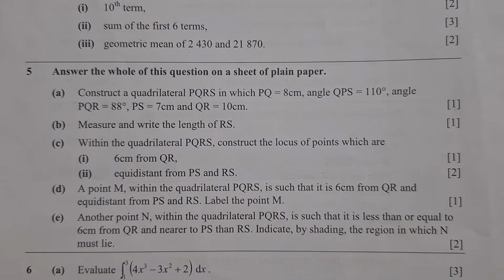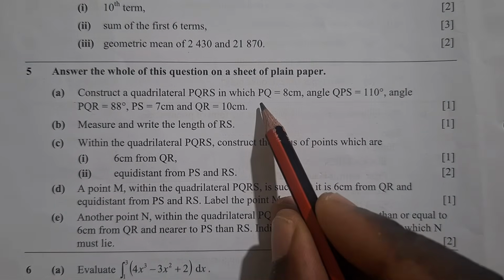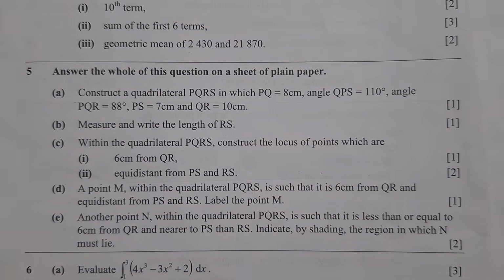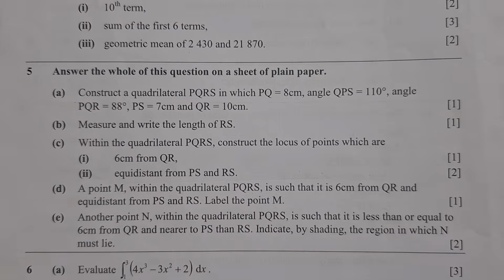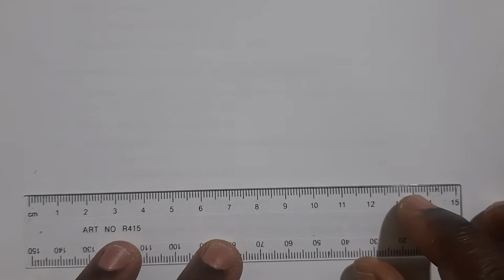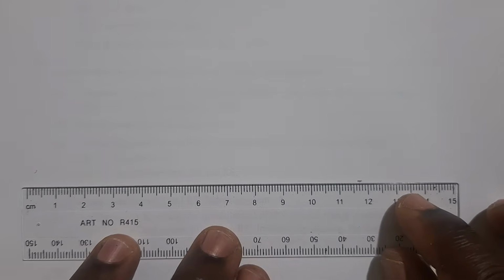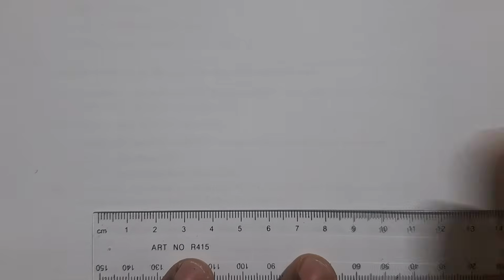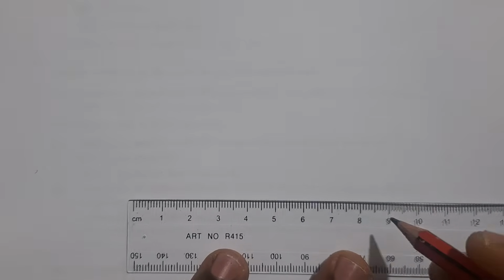All right, so what you can do here is start with what has been mentioned first. That is PQ, which is 8 centimeters. So get your plain paper. You'll be provided with this. And then just do a faint line. This is very important. Do a faint line like this. We want the length of 8 centimeters.